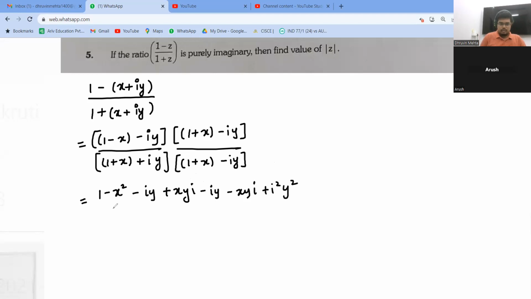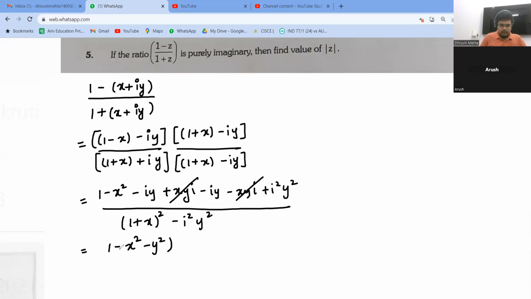Check this. Denominator is 1 plus x the whole square minus i square y square. So this is getting cancelled. So we have 1 minus x square minus y square, and this is minus 2yi upon the denominator.